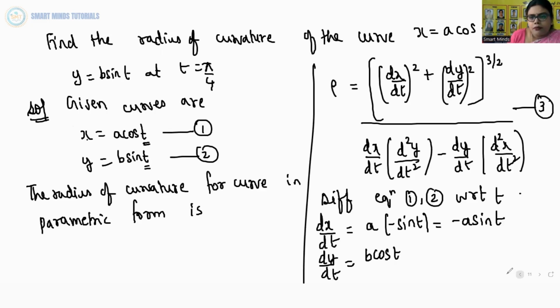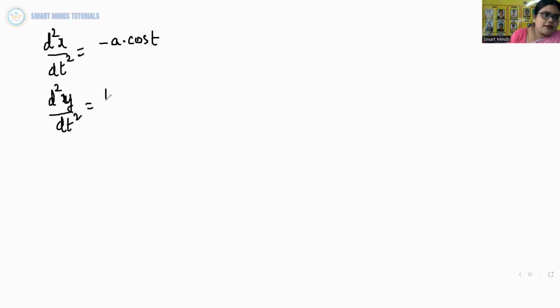So minus a is a constant, sin t derivative is cos t. Then how to find out d square y by dt square? We differentiate dy by dt again with respect to t. So dy by dt we got as b cos t. So that is b into cos t derivative is minus sin t. So that is minus b sin t.